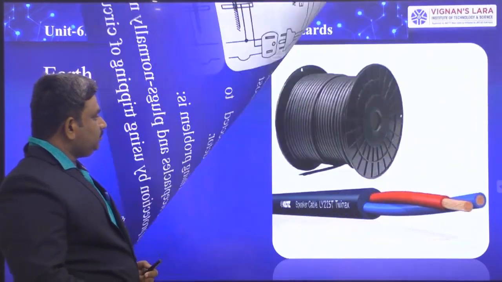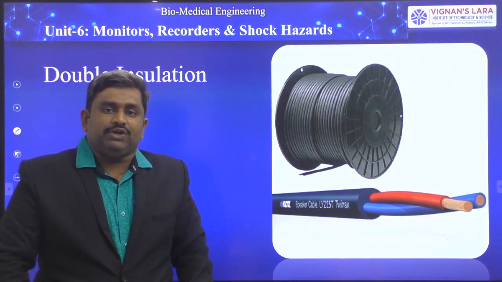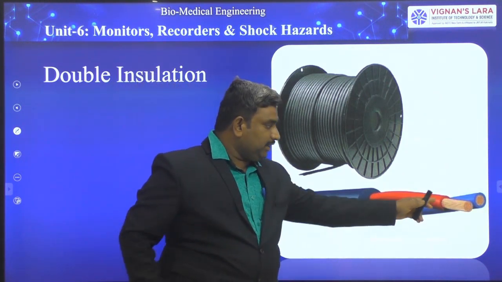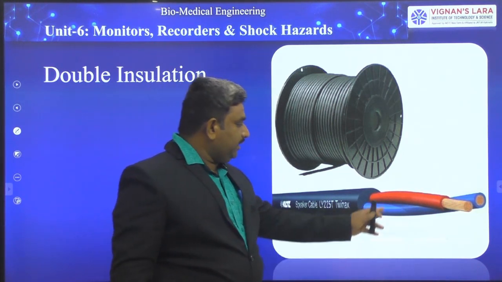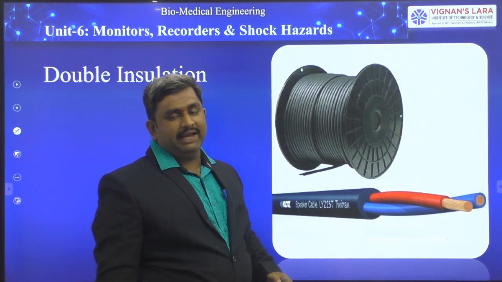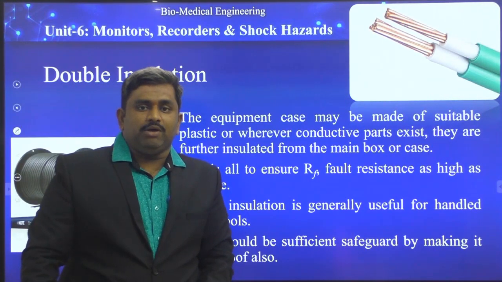Right. Now coming to the second method of avoiding electrical accidents, the double insulation method. Here the copper wire is covered with red and blue colored insulation, and these two wires are coated with another insulating material, the black covering. So these are double insulated wires.